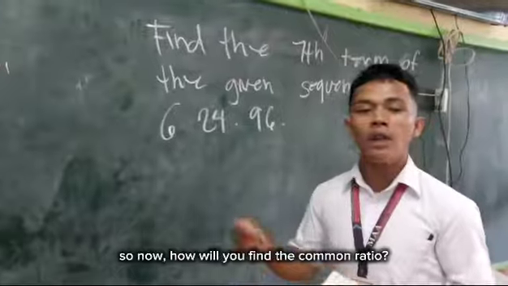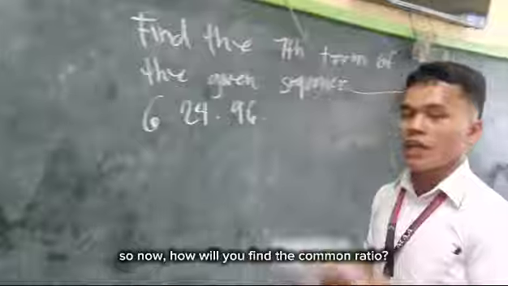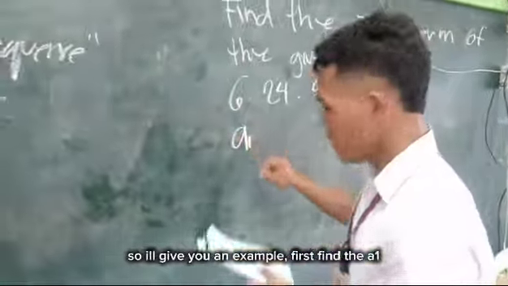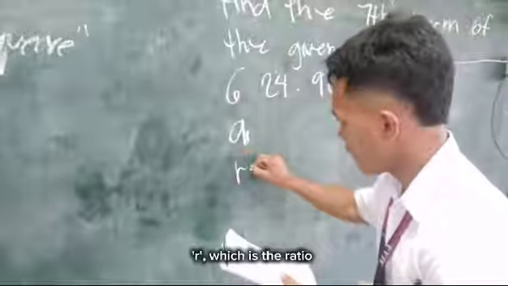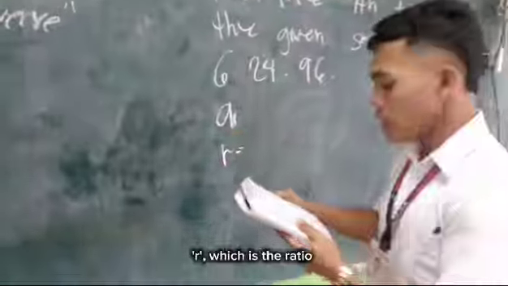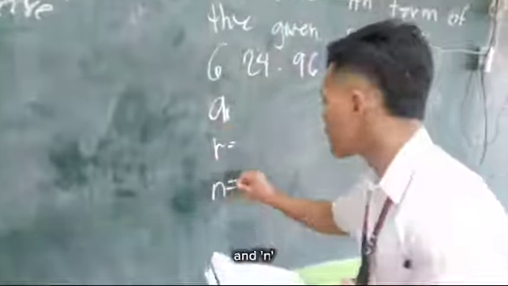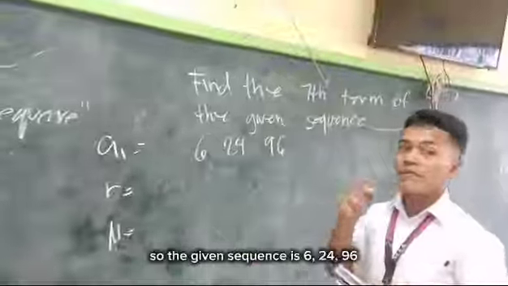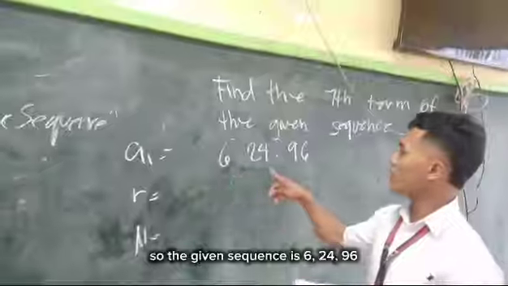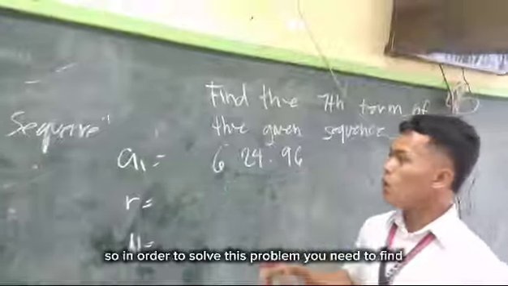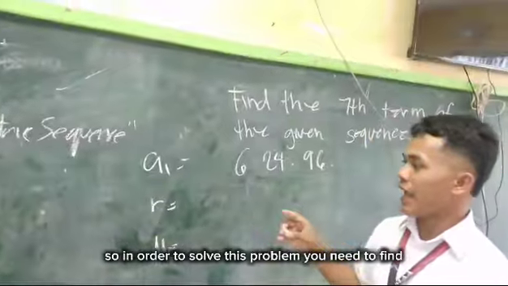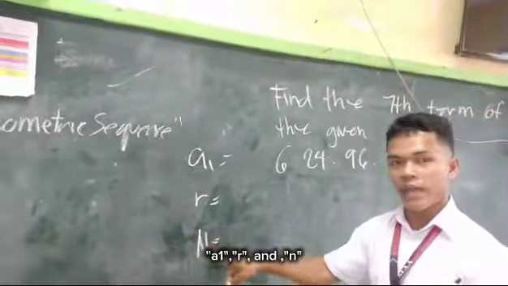So now, how will you find the common ratio? First, find a sub 1, r, which is the ratio, and n. So the given sequence is 6, 24, and 96. In order to solve this problem, you need to find a sub 1, r, and n.